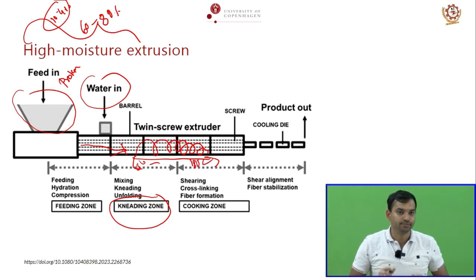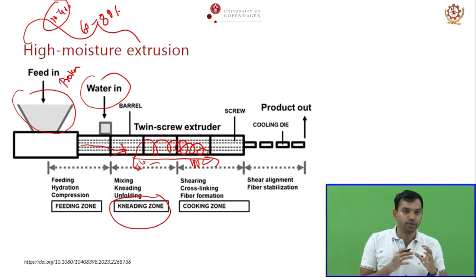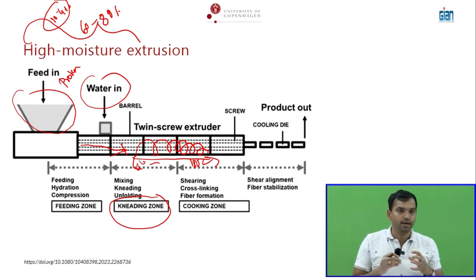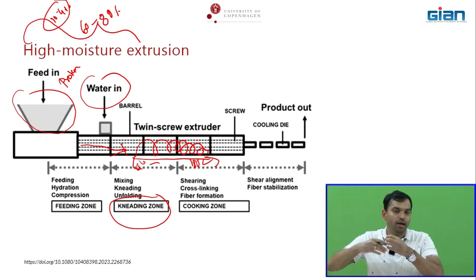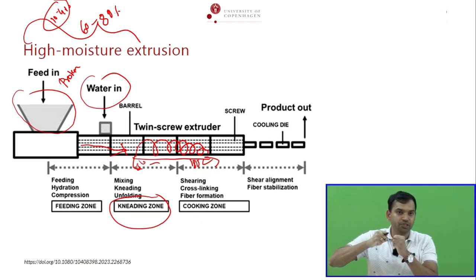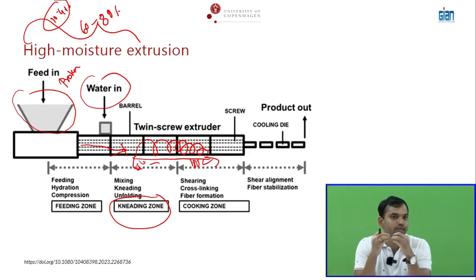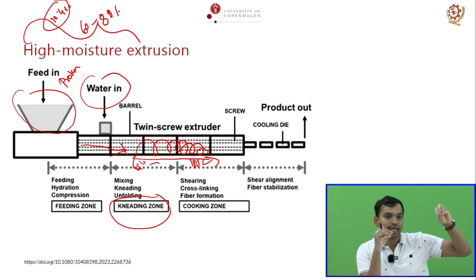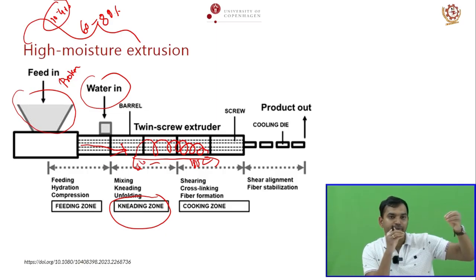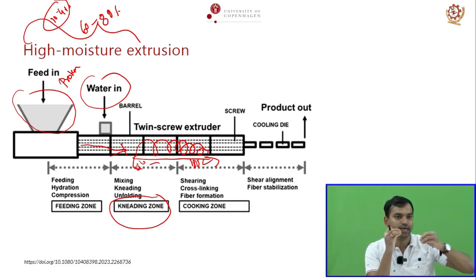Basically, you're cooking under high pressure. You're cooking the plant proteins together with the ingredients in a screw at high temperature under shear stress and pressure, and that will actually change the protein structure. The protein, which originally looked like a powder, becomes fibrous.